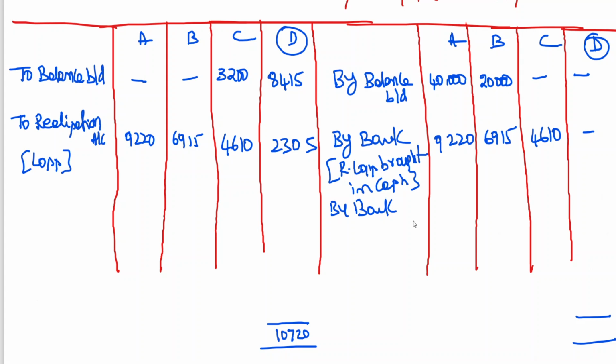So by bank, 25% of 10,720. It is coming to 2,680. He is able to bring 2,680. So balance, 10,720 minus 2,680.